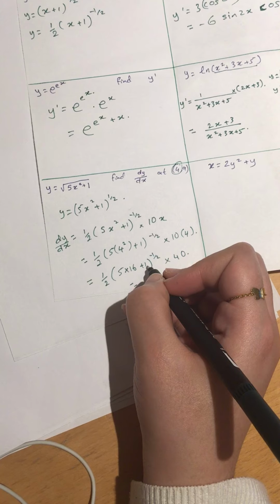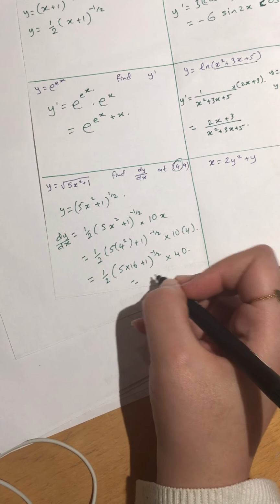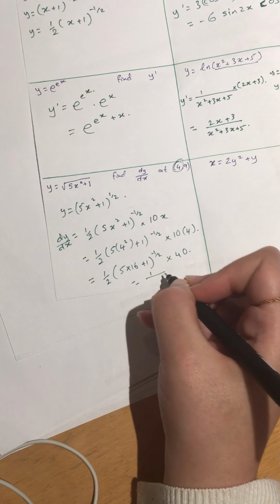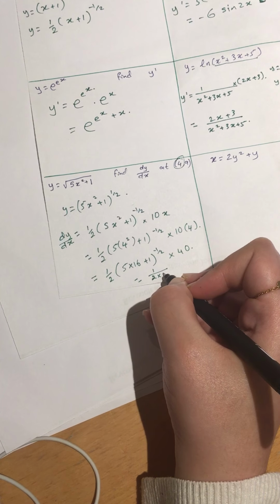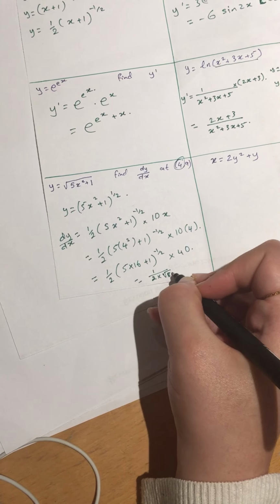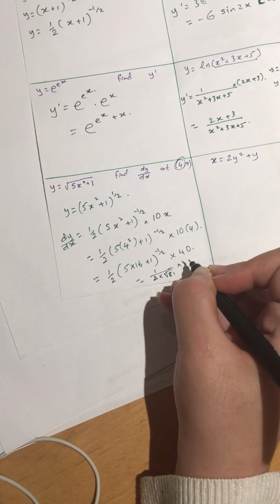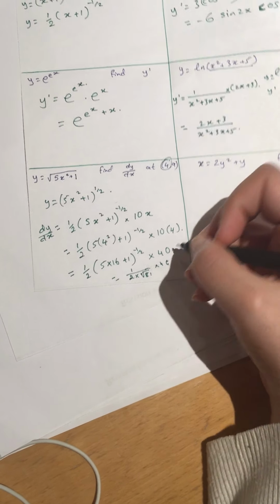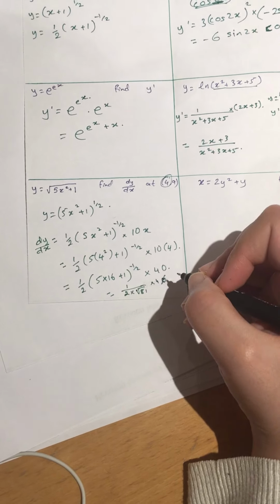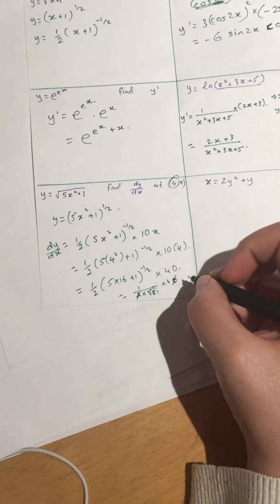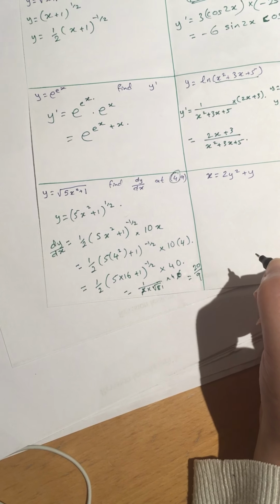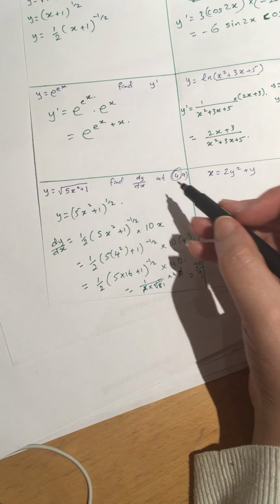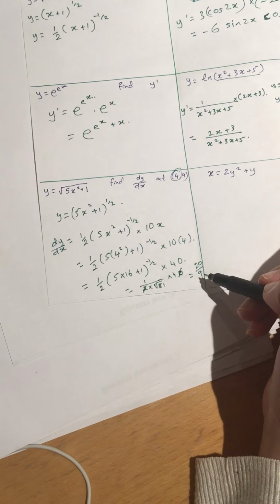That's 80 plus 1 is 81, minus a half will be 1 over the square root of 81 times 40. These two cancel out and you're left with 20 over 9. That's the answer. So dy by dx at that point is 20 over 9.